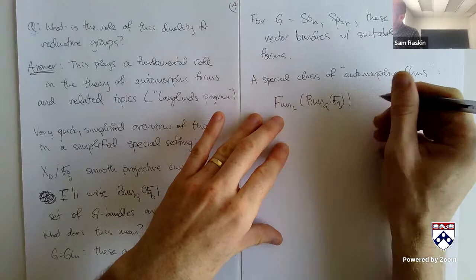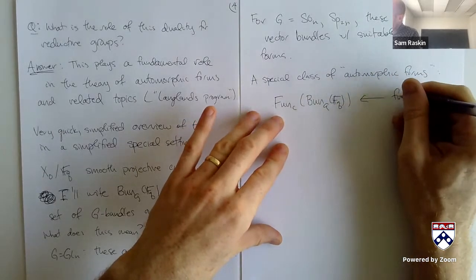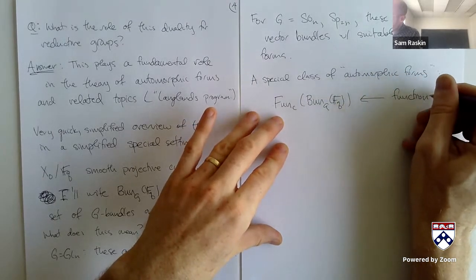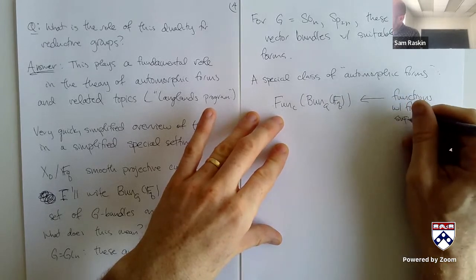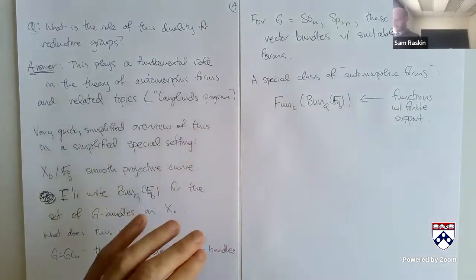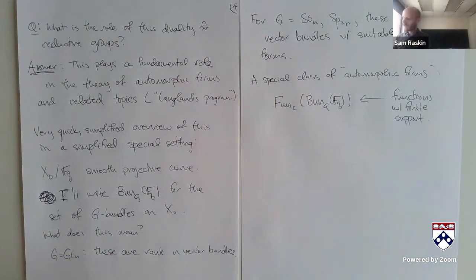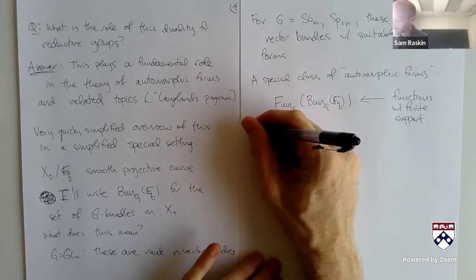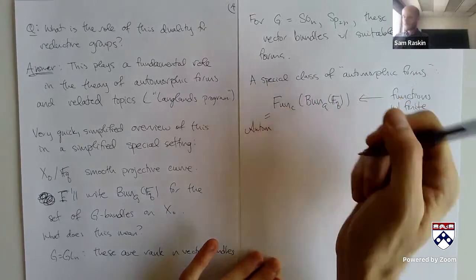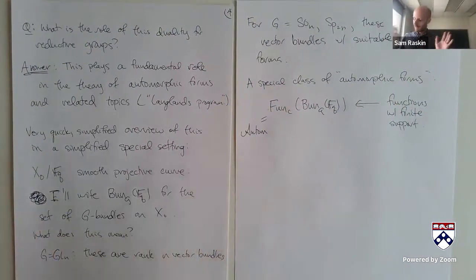So these are functions with finite support. I could call this the space of automorphic forms. Technically, I'm talking about unramified automorphic forms here.